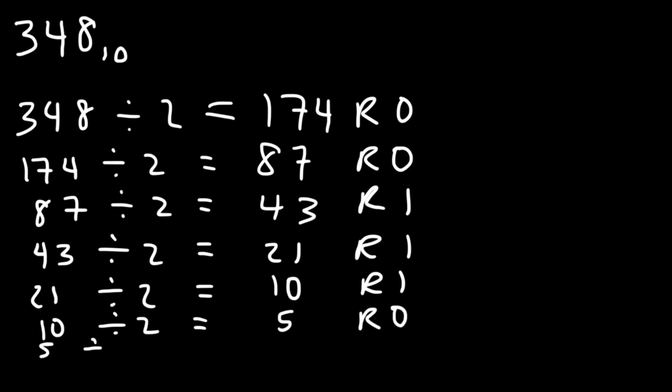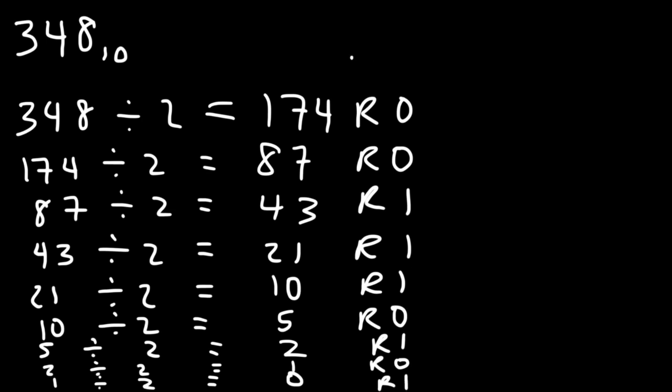Then 5 divided by 2 is 2.5, so 2 remainder 1, and 2 divided by 2 is exactly 1, so 1 remainder 0. And then 1 divided by 2, that's 0.5, so 0 remainder 1.